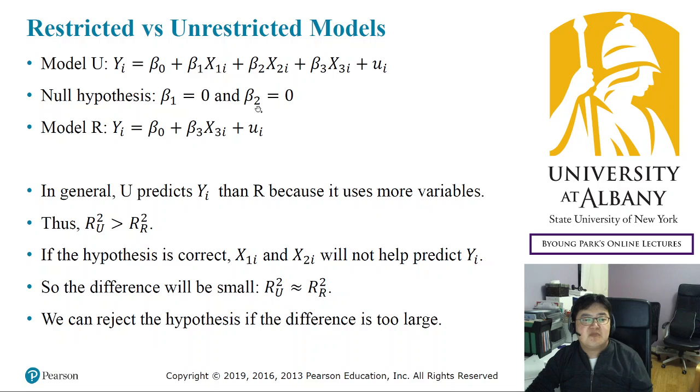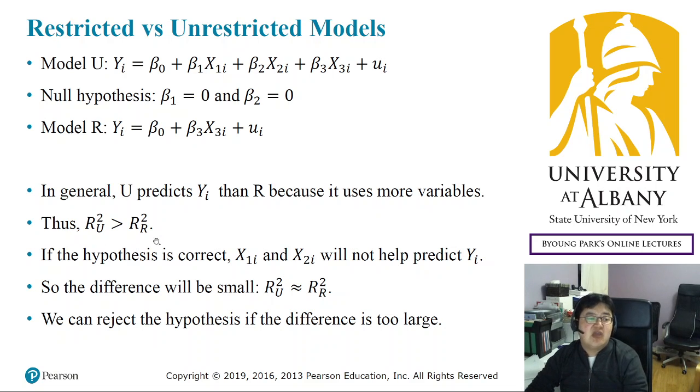So the model U can do better than R or at least as good as R. That is our basic idea. So in general, the R squared, which represents the percentage of explanation by the model, must be greater for the unrestricted model than the restricted model, right?